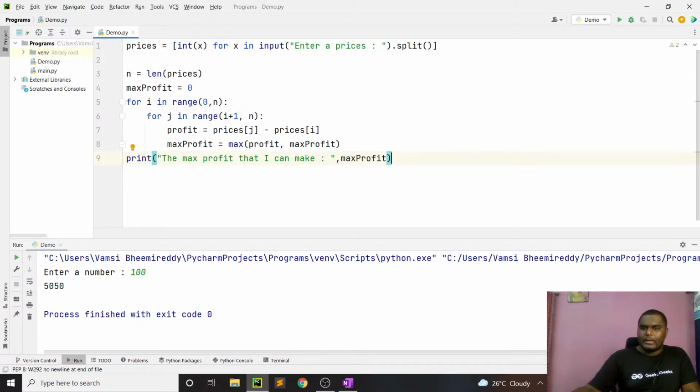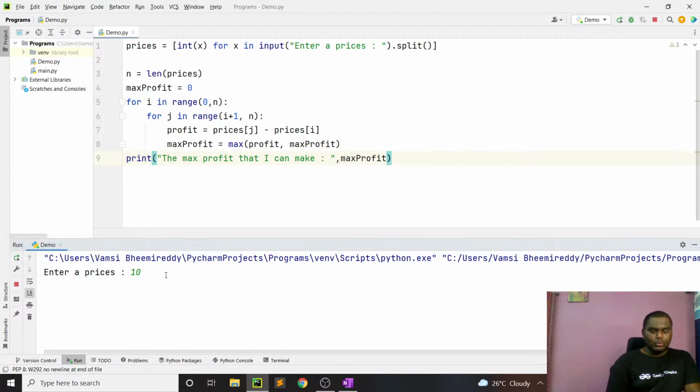It is asking to enter prices. So let's give prices as 10, then 2, then 5, then 7, then 10. Okay, let's give 20, then 1. Now tell me what is the maximum profit that I can make from these prices.